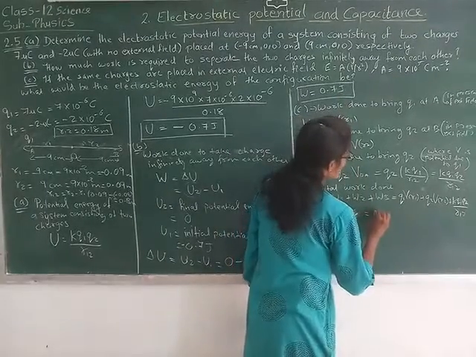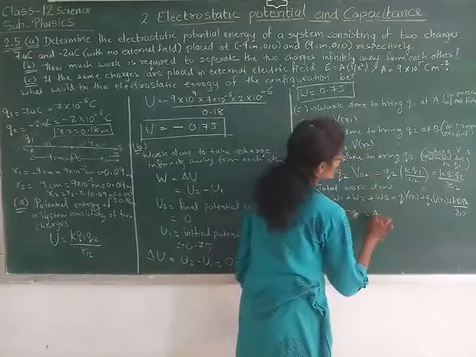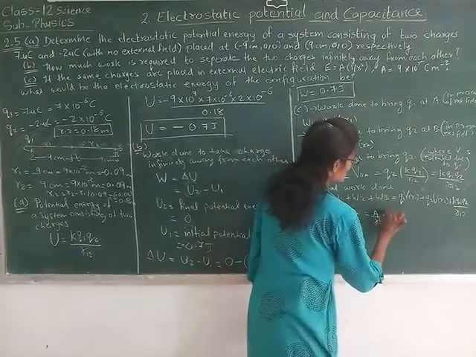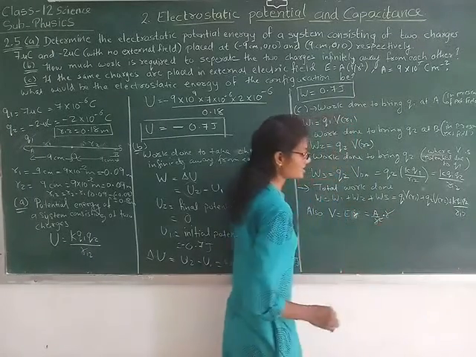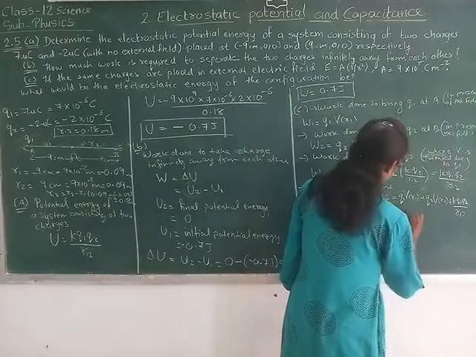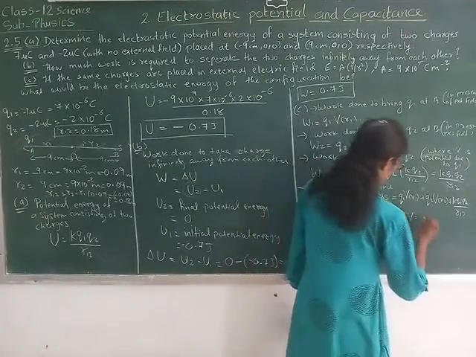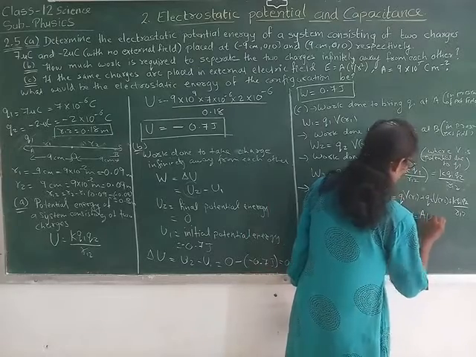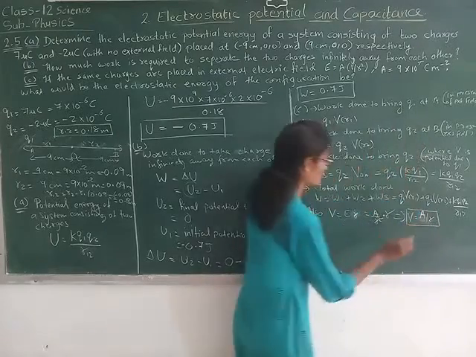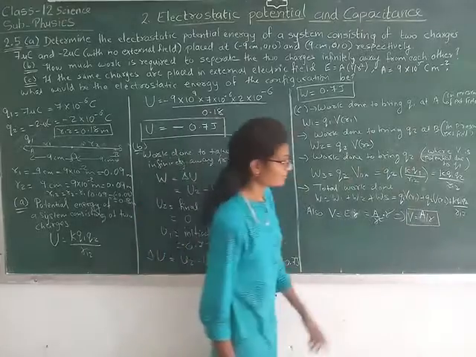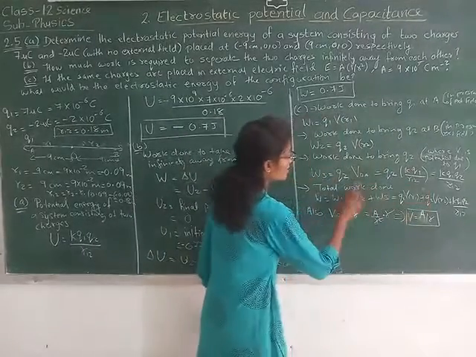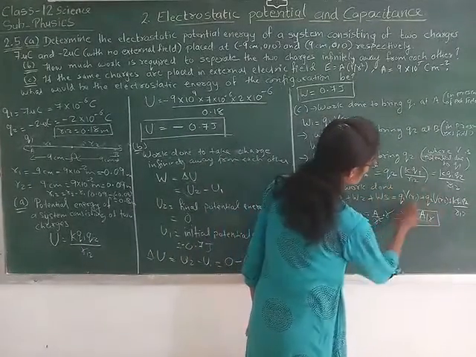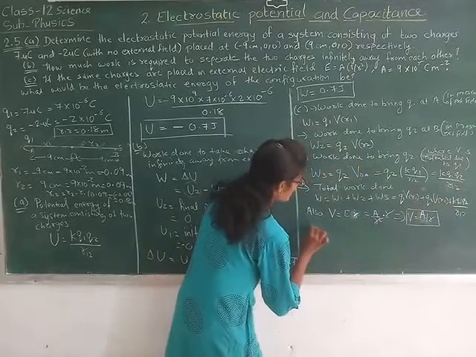E is A into 1 upon R square, that is A upon R square into R. This R gets cancelled. So V equals A upon R.